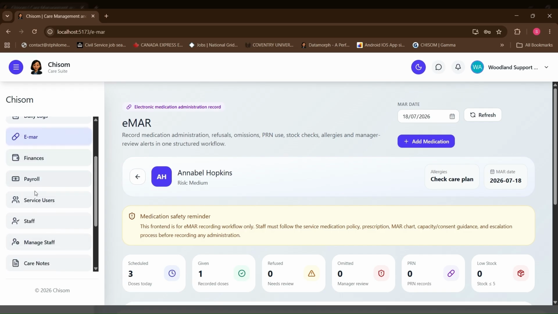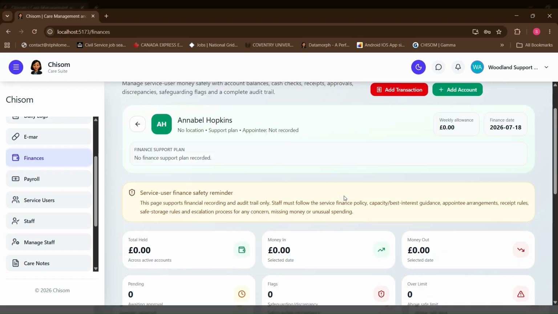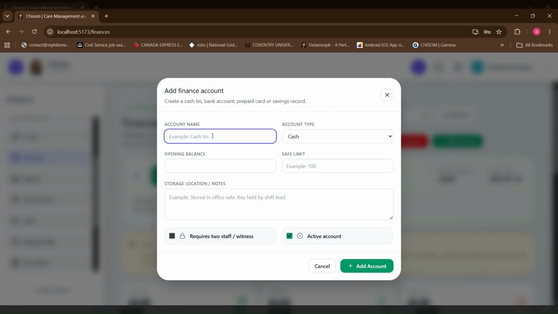So if I come over to finances, finances is the same as well. So for Annabelle, I can create and add accounts. I can put a cash tin for Annabelle, and then cash opening balance. Let's say Annabelle's opening balance is 125.35, right?